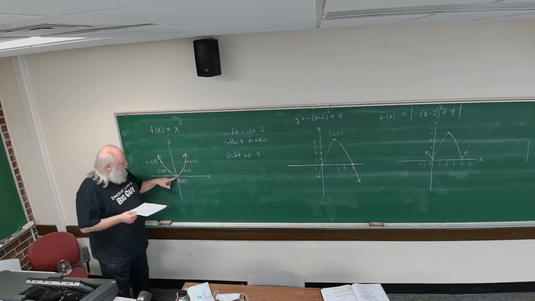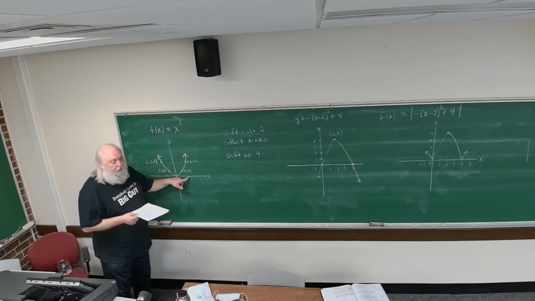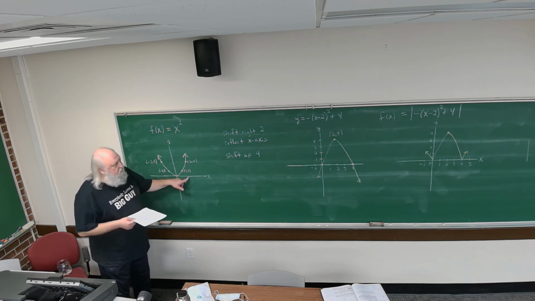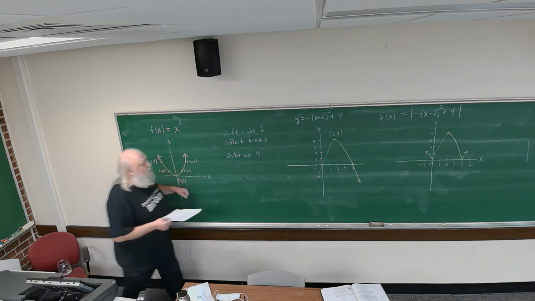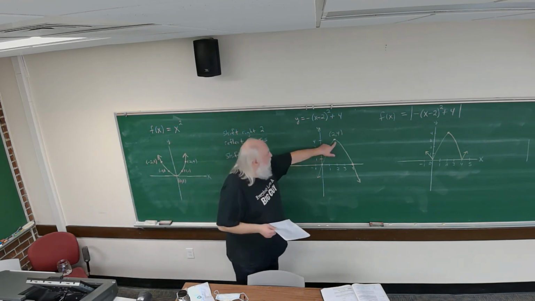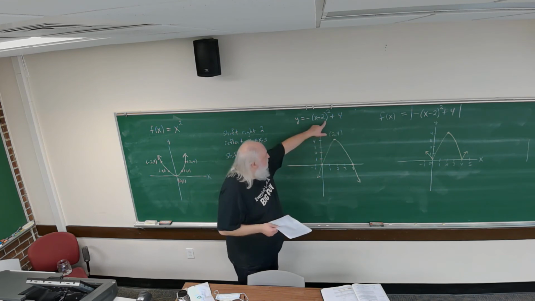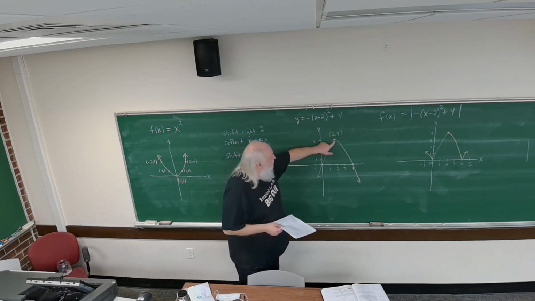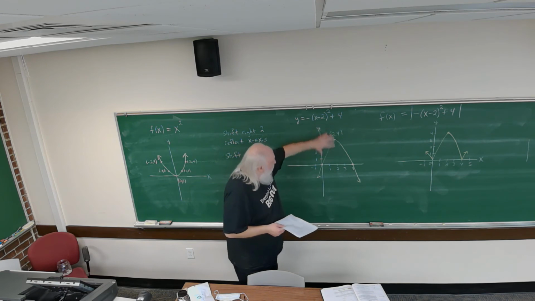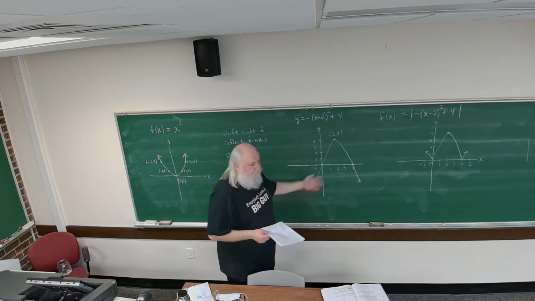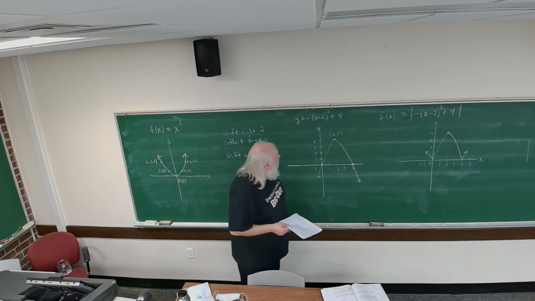So the vertex here at the origin gets shifted to the right 2 units to x equals 2. And then when we flip it over the x-axis, the vertex stays at x equals 2, and then it gets shifted up 4 units to the point 2, 4. So here's the vertex for the graph of this equation at the point 2, 4. And you know it opens down, right, because of reflection across the x-axis.